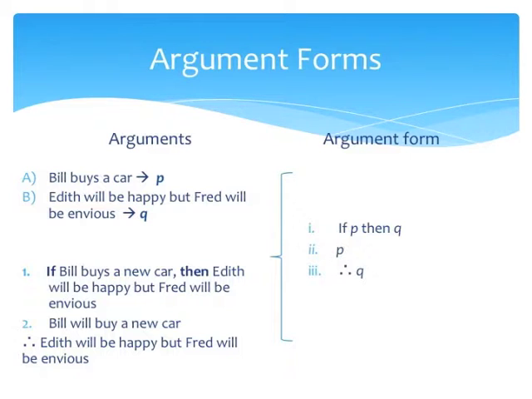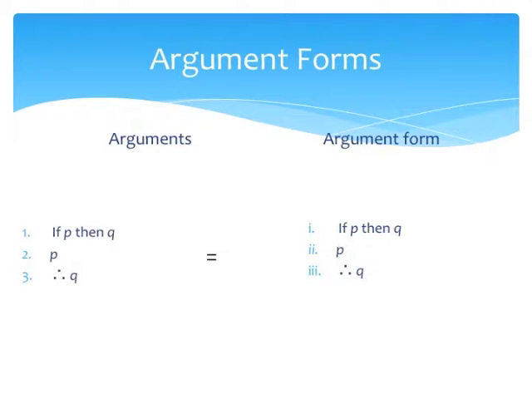And then what do we get? Well, basically, we get the form. So our original argument did fit the form, since we can go from the argument to the argument form by the uniform replacement of sentences with letters.